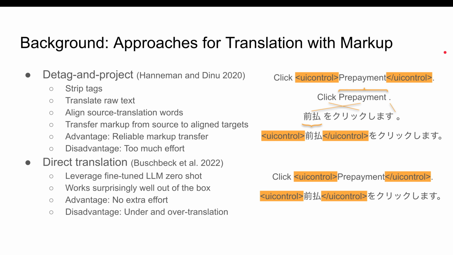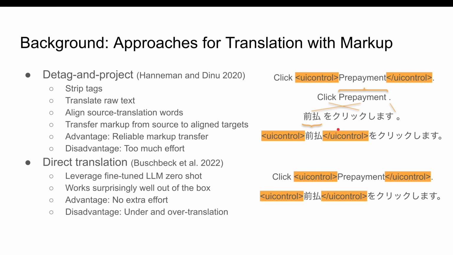In the past, there have been two major approaches to perform translation with markup, one of them being the detag and project approach. If you look at the example on the right, you can see what happens is you have a sentence with markup, you remove the markup and keep the raw sentence, you translate it, you figure out the alignment between the words, and then based on the aligned tokens, you will re-inject the markup information.